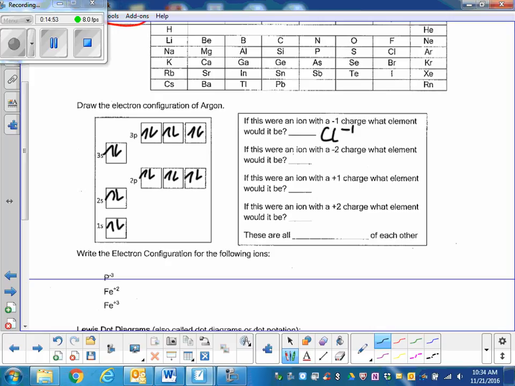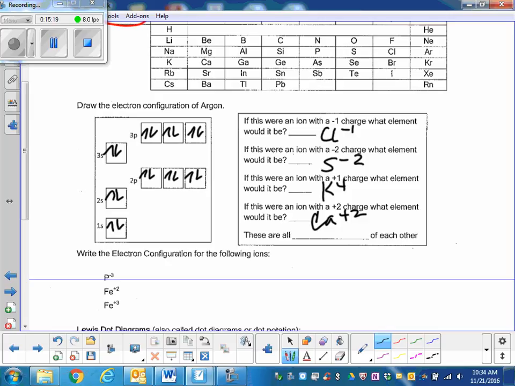Which can gain 2 more and become 18? Sulfur. Which will lose 1 and become 18? Potassium plus 1. Which will lose 2 will be calcium. They all have the same number of electrons.